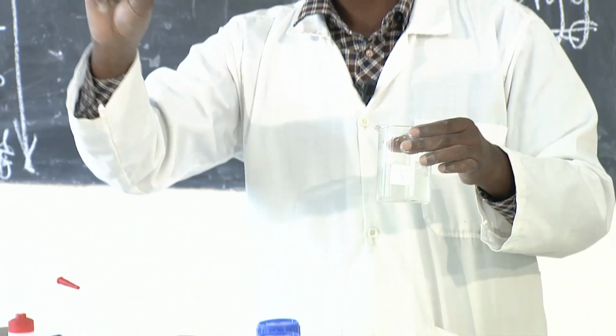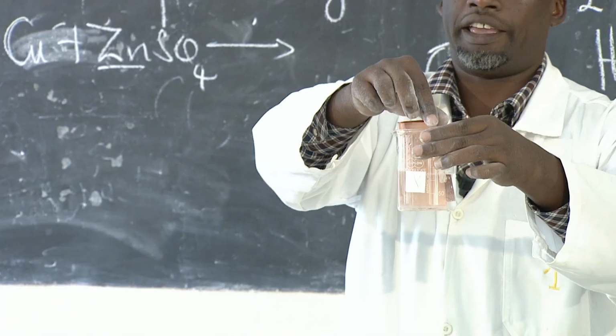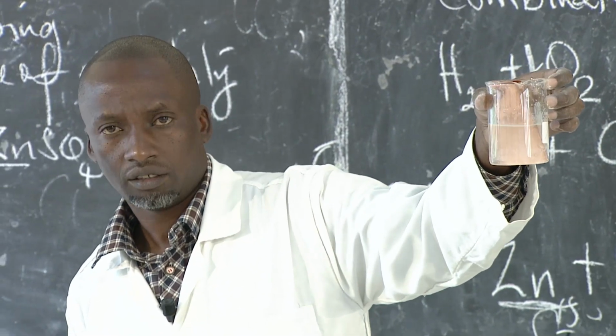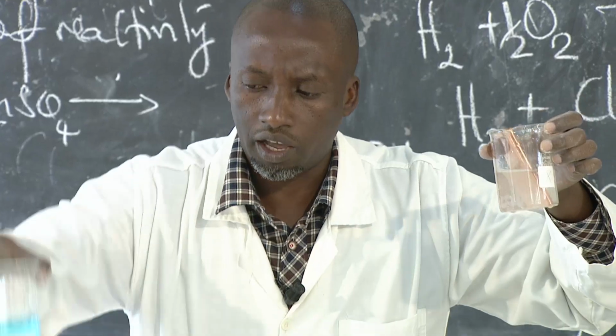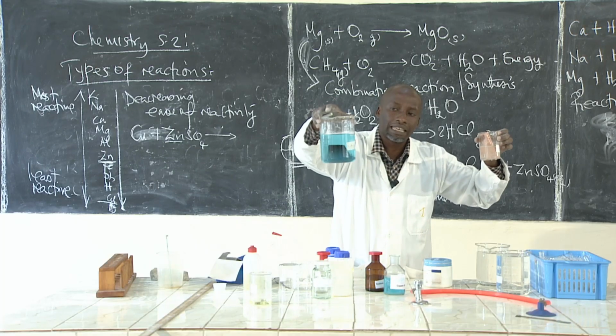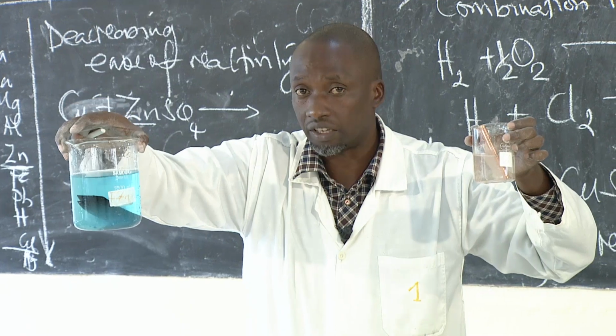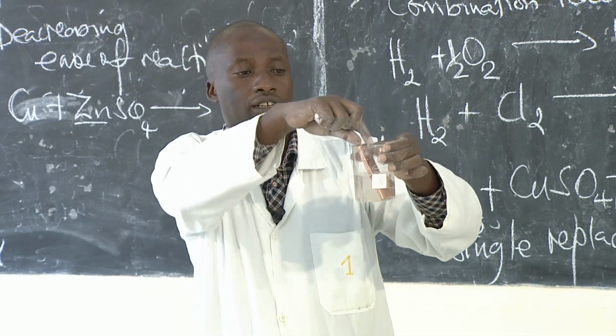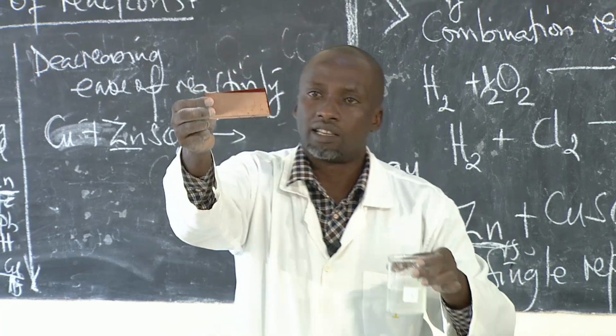This is a copper plate, and I just insert it in here. There is no difference. Look at it. This is the reaction we are talking about. This was zinc and copper sulfate. This is zinc sulfate and a copper strip.